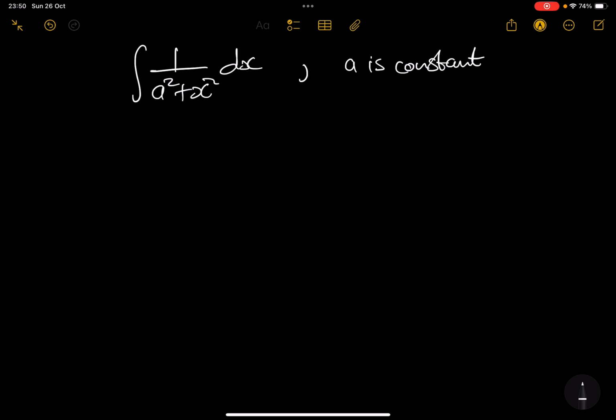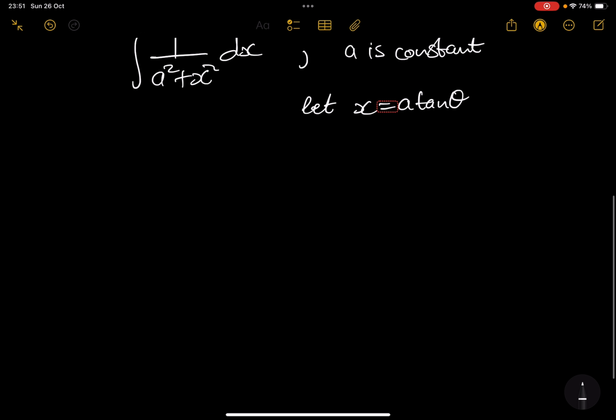We are going to use substitution, whereby we let x be a tan theta. So now your integral is 1 over a squared plus, where there is x, you substitute a tan theta, so it's (a tan theta) squared.